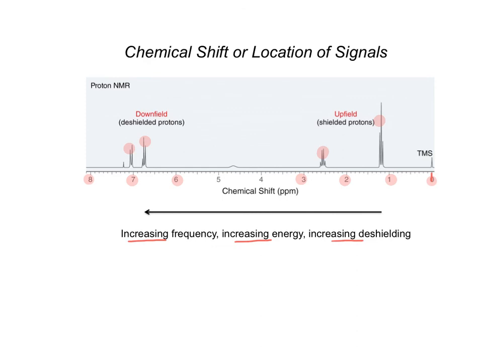The last thing I want to mention is that sometimes people use an old, archaic way to describe protons. Protons that are fairly deshielded, with really high chemical shifts, they call downfield. And protons that are shielded, with low chemical shifts, they call upfield. It doesn't make sense, downfield but you're moving to the left.